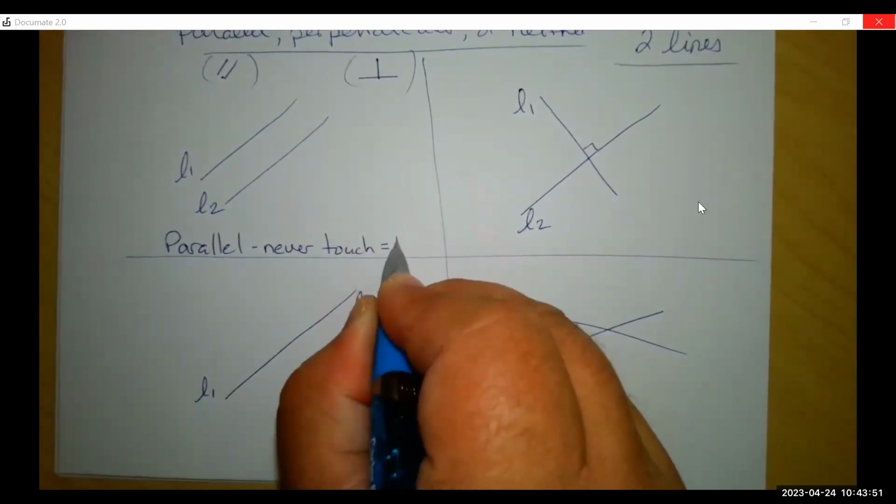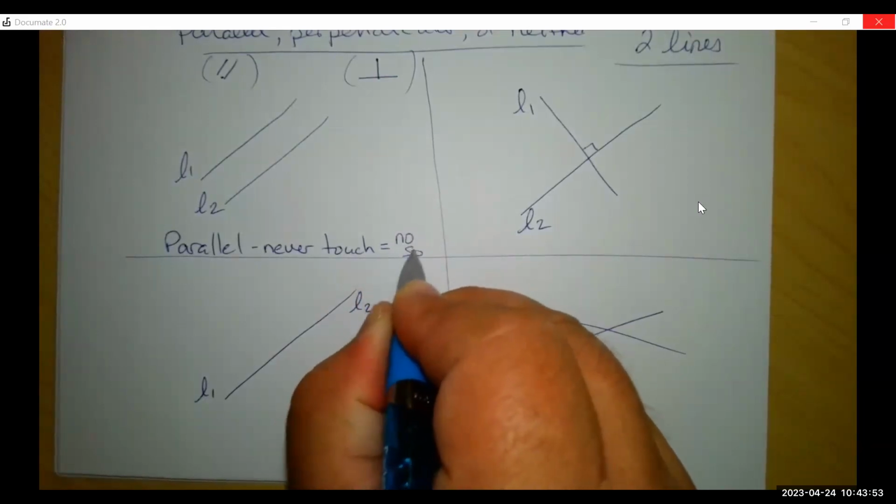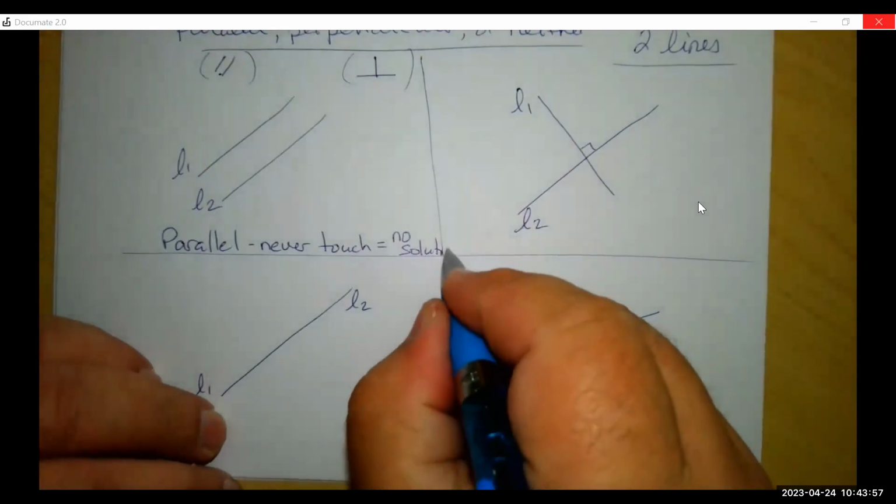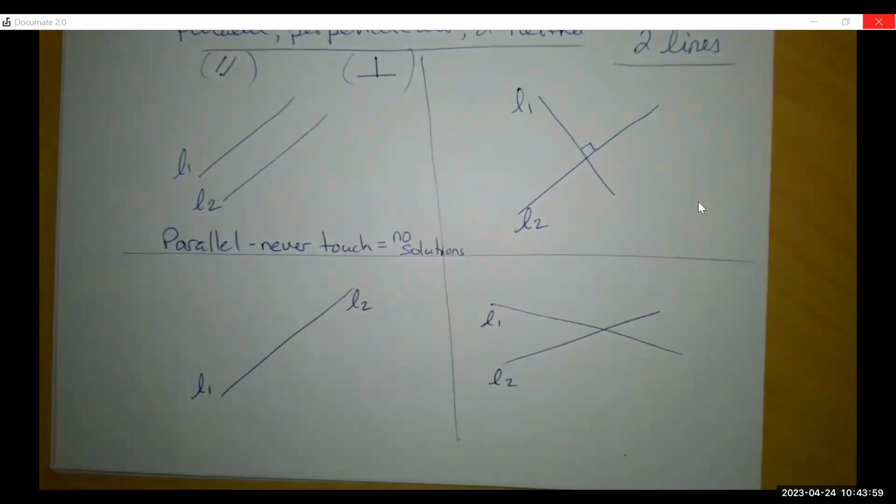So they have no solutions. As you can guess, when we're talking about solutions, we're talking about how many times the lines cross.